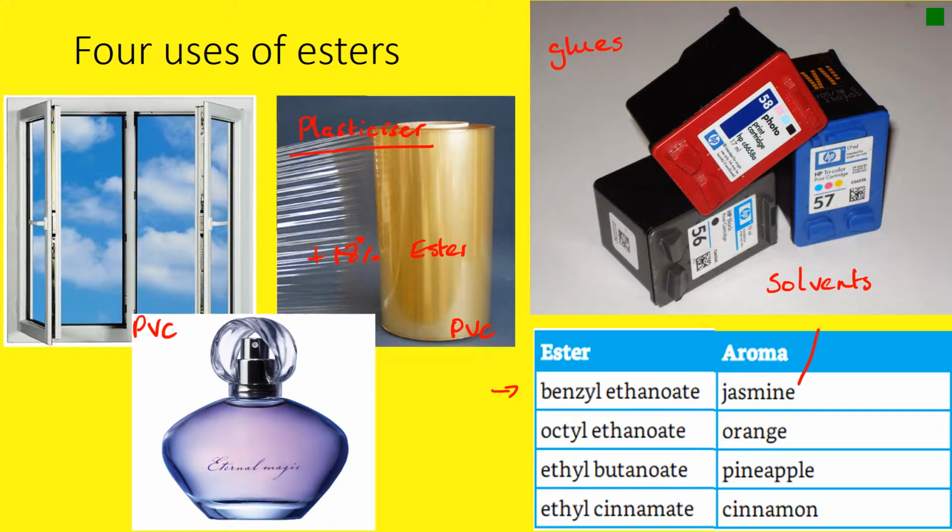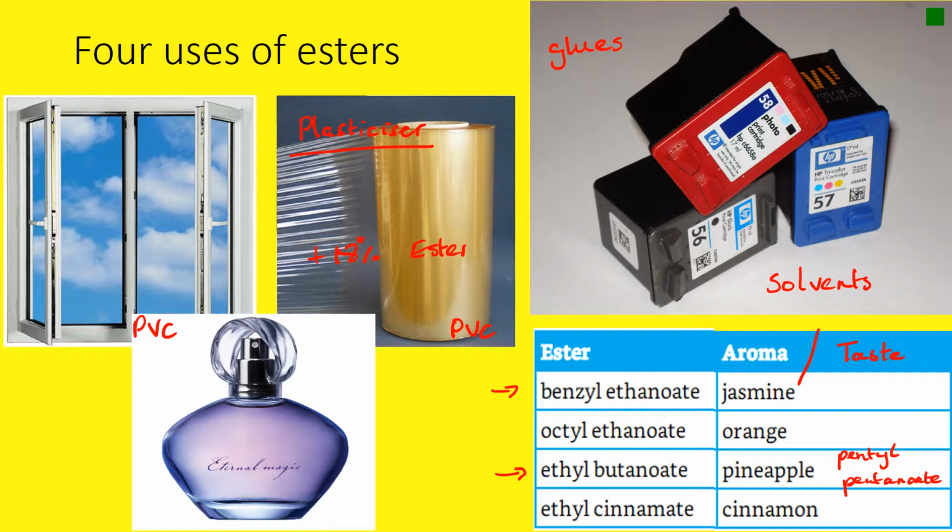But let's differentiate between aromas and tastes. It might be a different ester that gives something the taste compared to the aroma. For example, in pineapples, whereas ethyl butanoate gives the aroma, the ester that gives that pineapple its taste is pentyl pentanoate, like so.